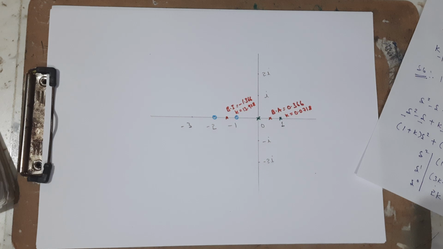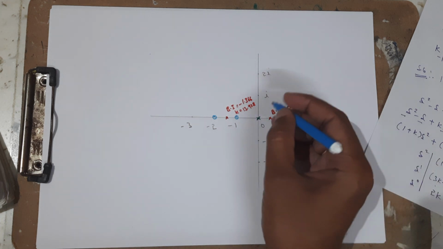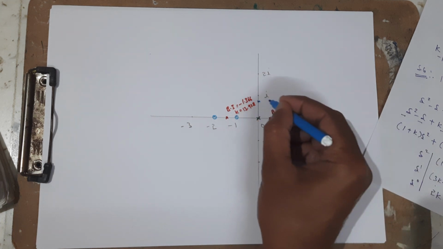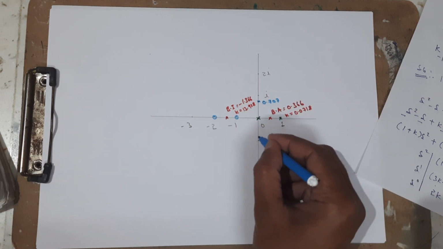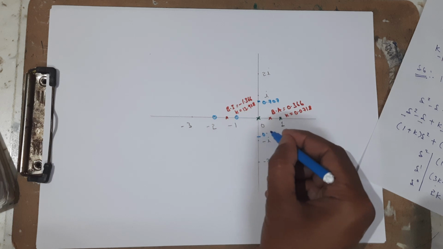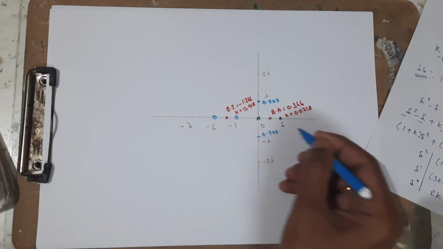So next we have to locate the intersection of root locus with imaginary axis. How much is this? Approximately plus 0.707i and also minus 0.707i.